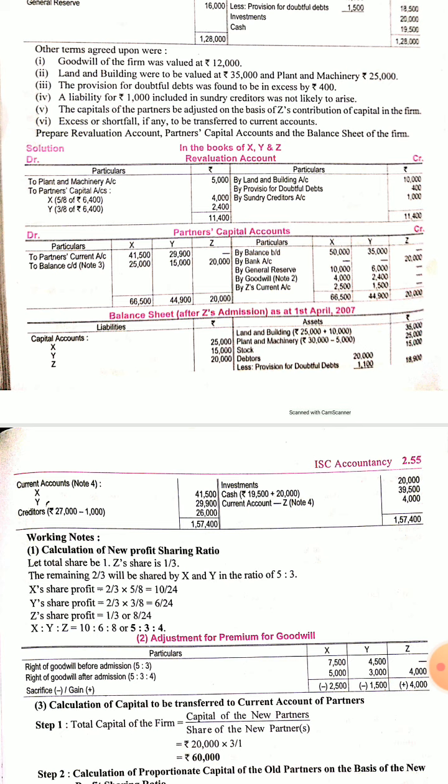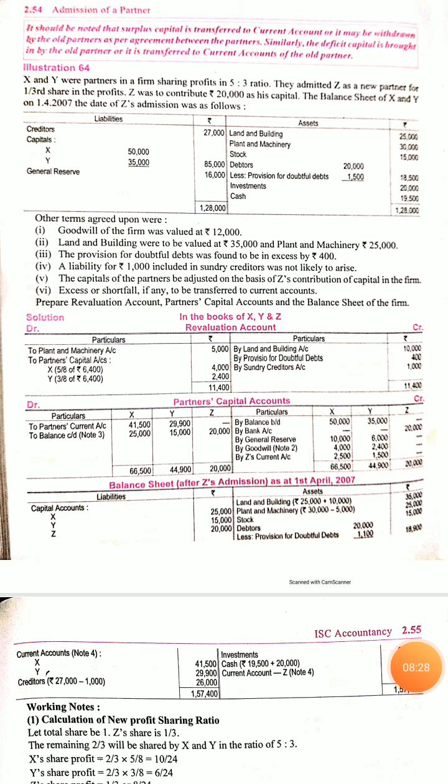That means goodwill hasn't been brought in cash by the new partner Z, so it will be adjusted by debiting the current account of the partner. So by Z's current account 2,500 and 1,500, that was calculated in working note number 2, that will be transferred to the debit of Z's current account.